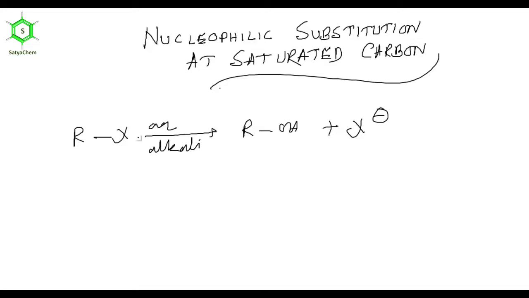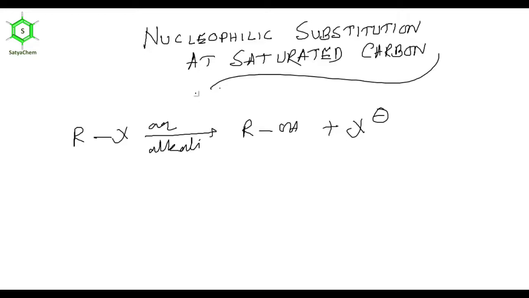The example is very simple, and much of the understanding regarding the mechanism of this kind of reaction was revealed by two great scientists, Sir Christopher Ingold and Edward Hughes, in England in the 1930s.